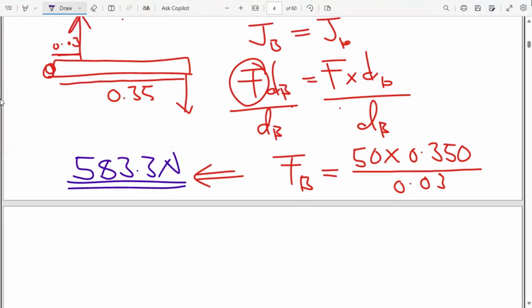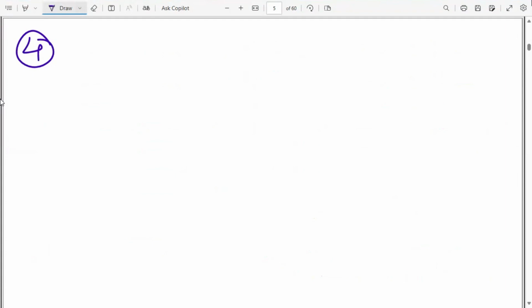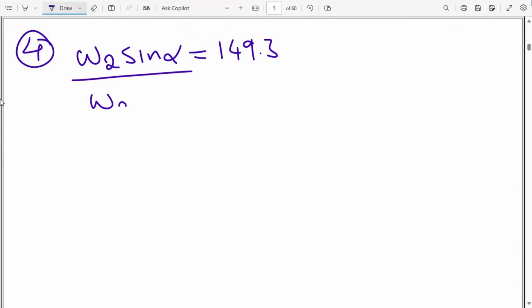This is question 4. So equation 2, W2 sine alpha being equal to 149.3, divided by W2 cos alpha, which is equal to 84.26. Okay, this is what we have.